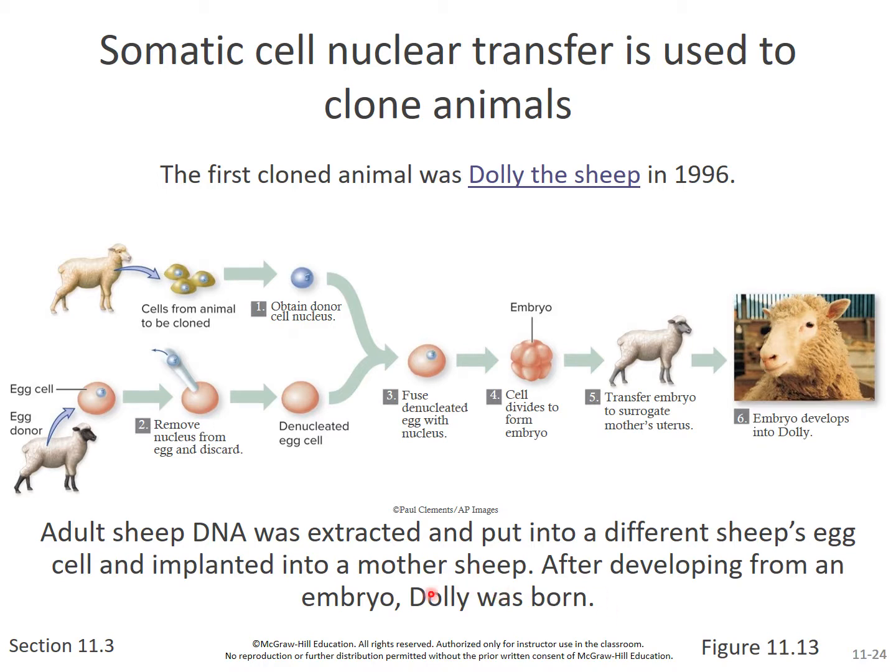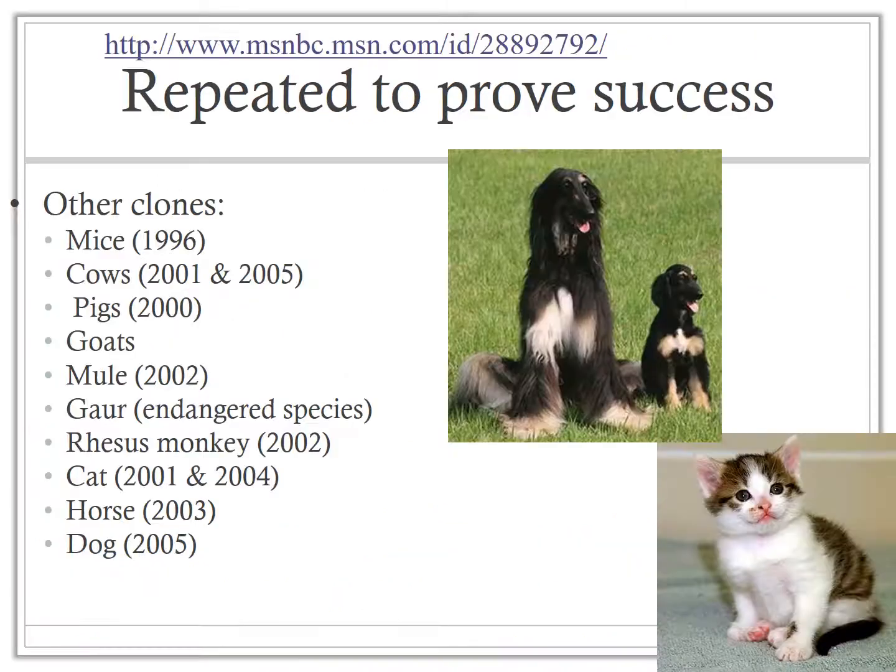After developing from the embryo, Dolly was born. Since then, there have been lots of other clones. Lots of animals have been cloned, repeated over and over with success. Yes, in 1996 we had Dolly, but right afterwards, in the same year, we had a mouse that was cloned. Cows, pigs, mules, all these other organisms have been cloned.